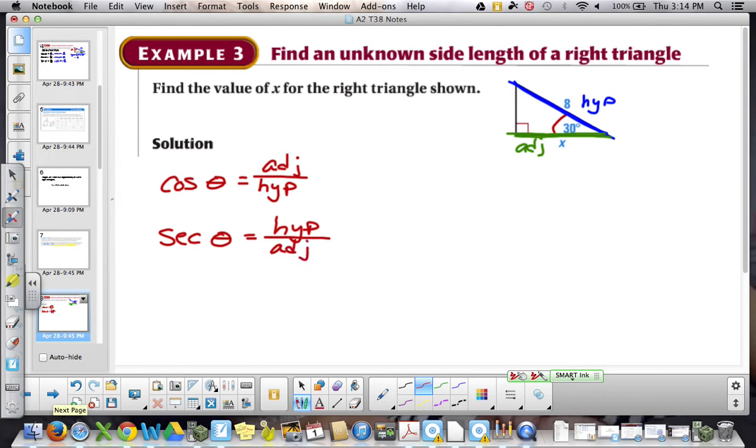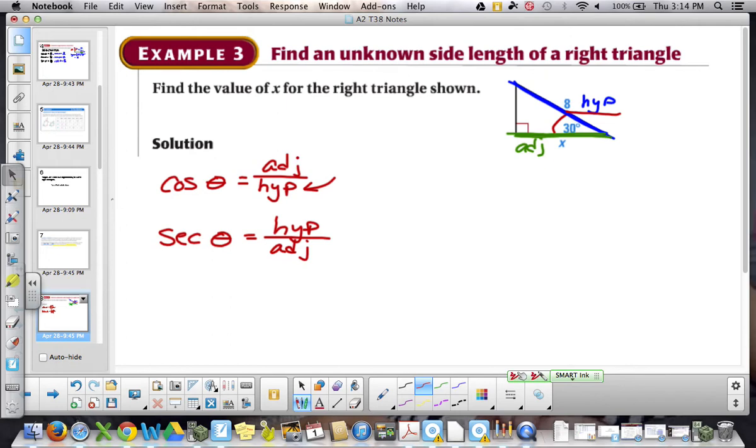What we always want to do is use the trig ratio that has the known side. This time we know the hypotenuse. The known side is in the denominator. Had we known the adjacent and been looking for the hypotenuse, then we would want to use the secant. But you always want to use the trig ratio that uses the two sides you're working with, with the side that you know in the denominator, because that's going to be the easiest to solve.